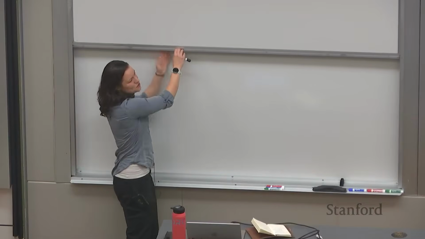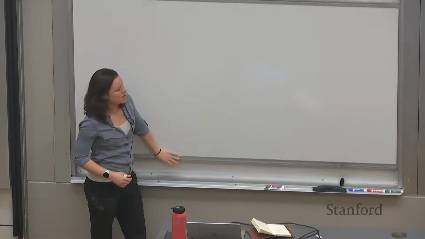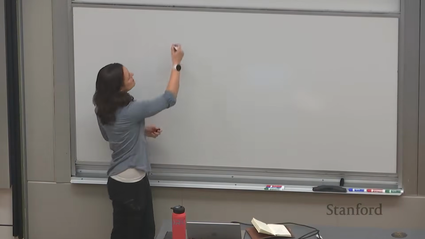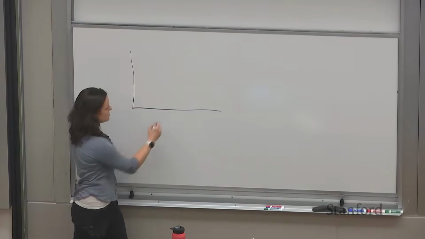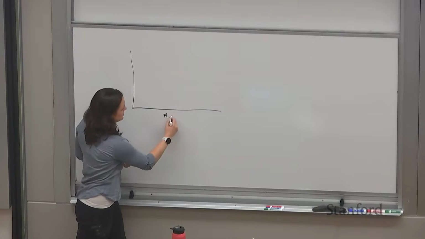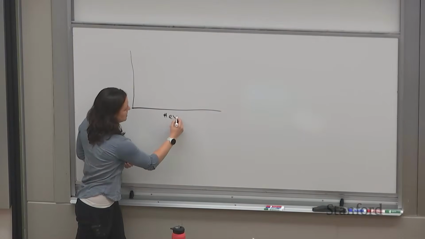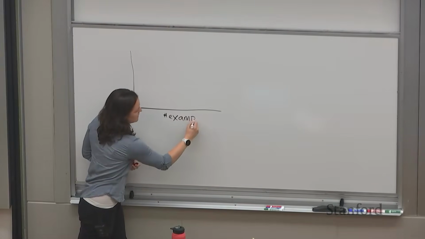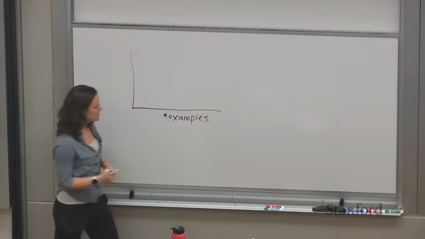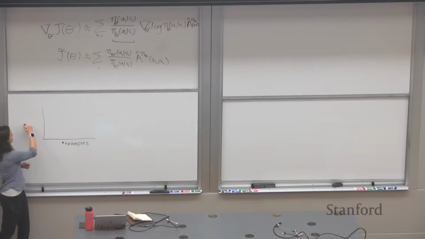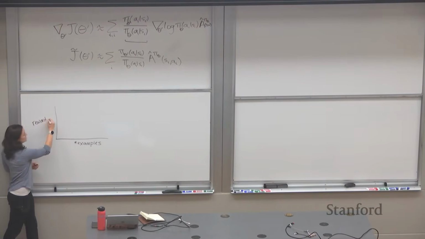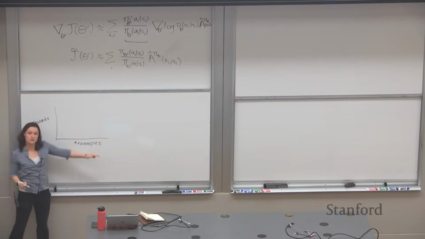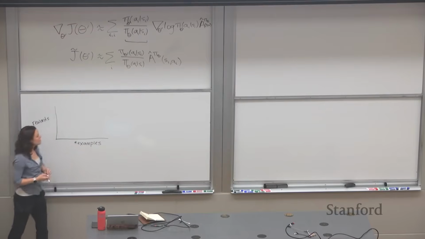As a rough visual for what this might look like, let's say that this is the number of examples of state actions that you've collected, and the y-axis is the rewards that your policy is seeing over the course of learning as it collects more data.